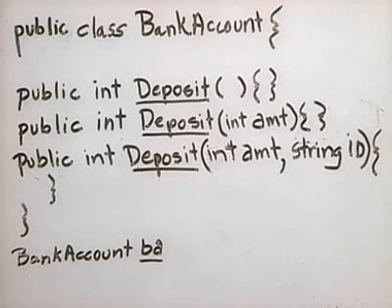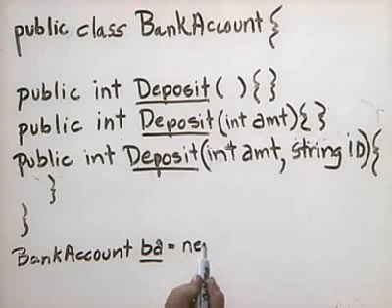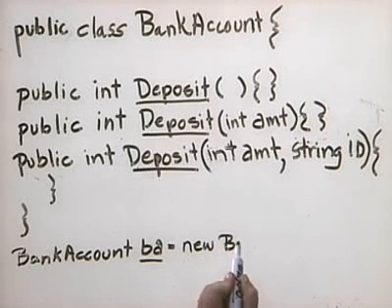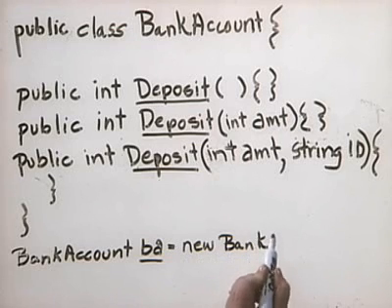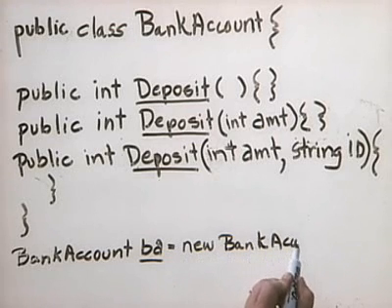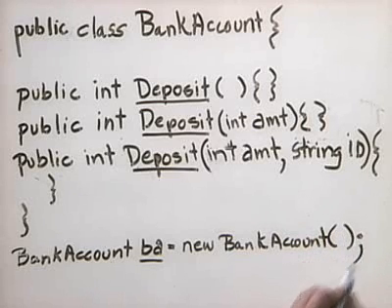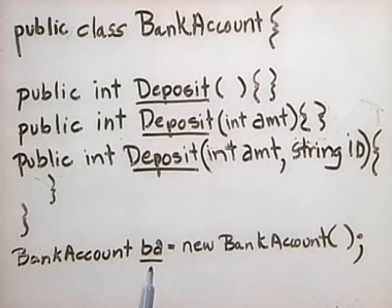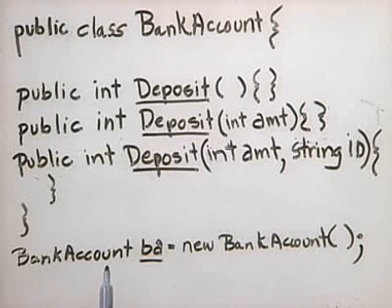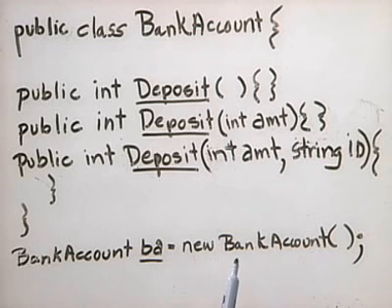Now what I'm going to do is instantiate or create an instance of BankAccount. So what we have here is a reference type of type BankAccount that's set a reference to a new instance of the BankAccount on the heap.